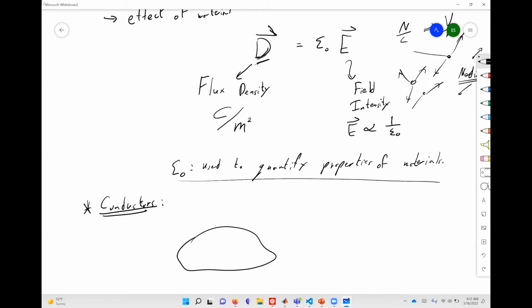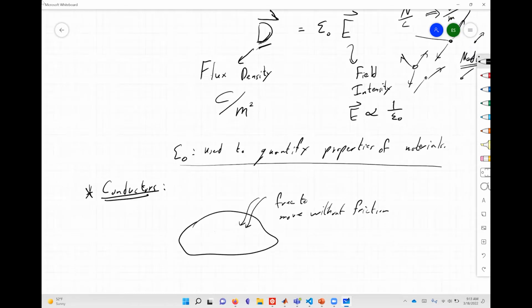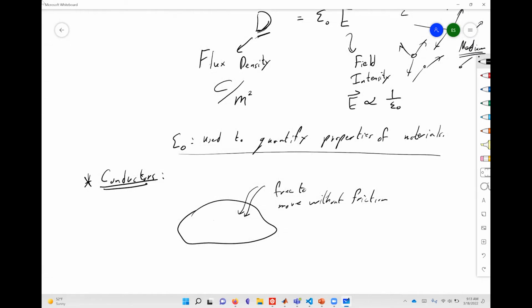They could be neutral materials. But the idea is that the charges inside the material are free to move without friction. Right? So if you have a bunch of charges in a material that are free to move without friction, right? If the material is neutral, if it's a metal, for example, still it's fine, because let's explore a metal, let's say copper.